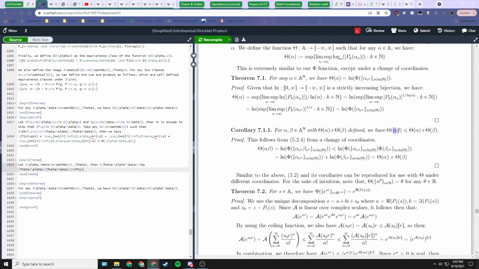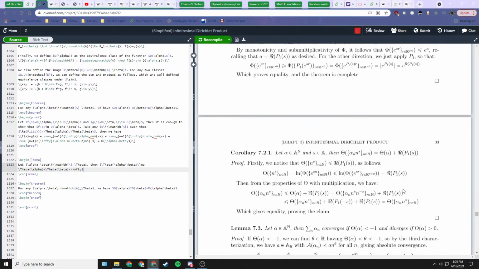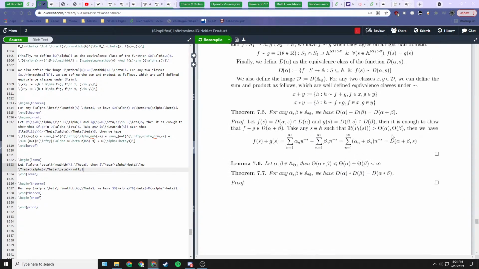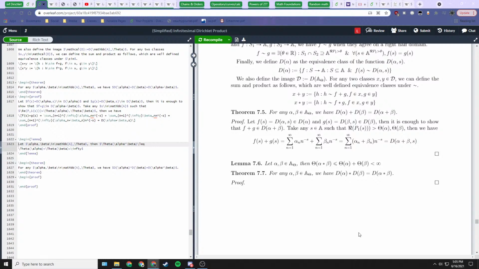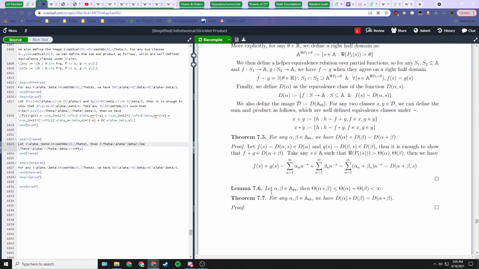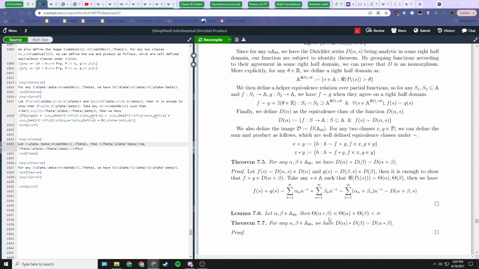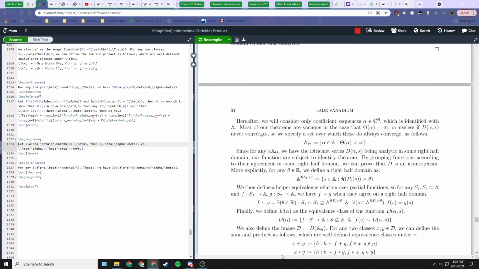So right here, these are sequences in A, and their product is pointwise product. But down here, we have sequences in C, which we are identifying with A theta, and we're doing the Dirichlet product, which is different. So maybe we want to be a little more explicit with the fact that these are different. So I think we're going to do that.